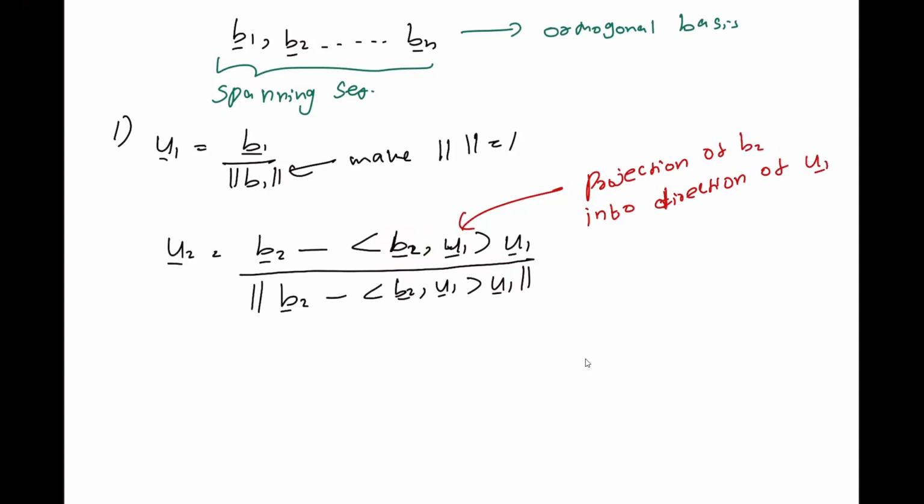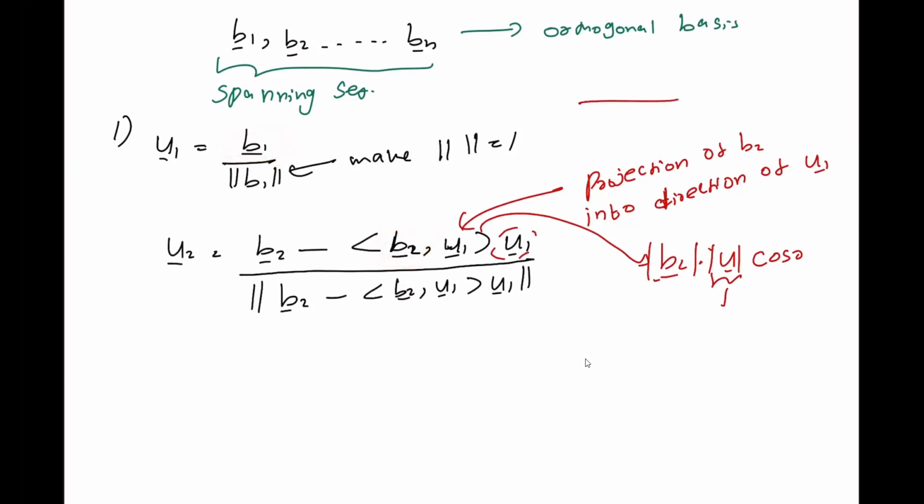We know U1 is a unit vector. If taken as a simple dot product, you can write it as B2's magnitude times cos theta times U1's magnitude, which is 1. So this is the projection amount in the direction of U1, and when you multiply with the unit vector, you get how much of your vector lies along the direction of U1. So this is nothing but the projection of the vector B2 onto the direction of U1.